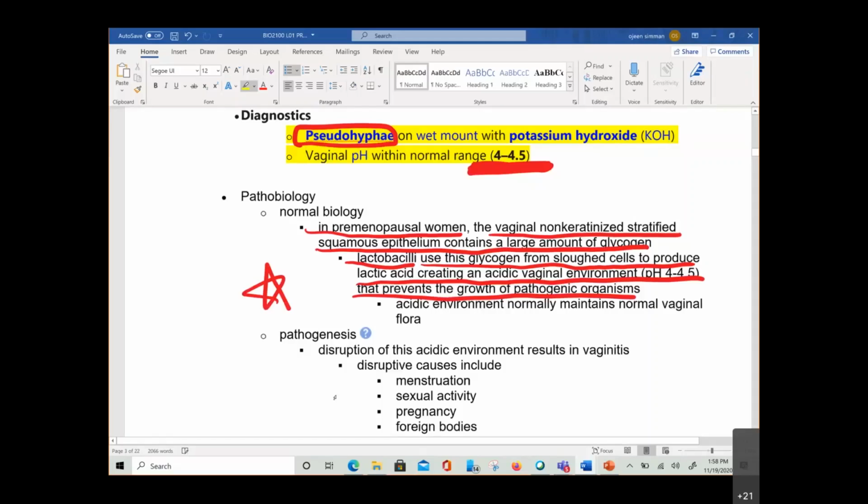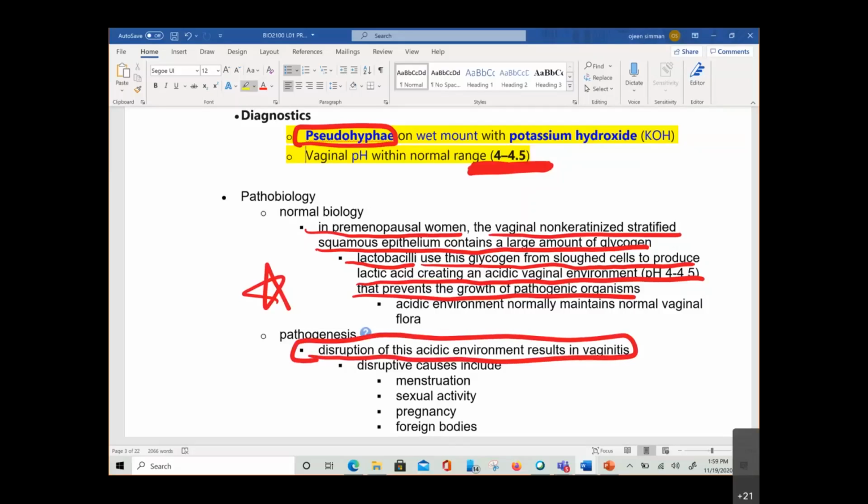So, thanks to the lactobacilli, the vaginal flora is acidic and thereby prevents growth of pathogenic organisms. So anything that disrupts this acidic environment can result in vaginitis.